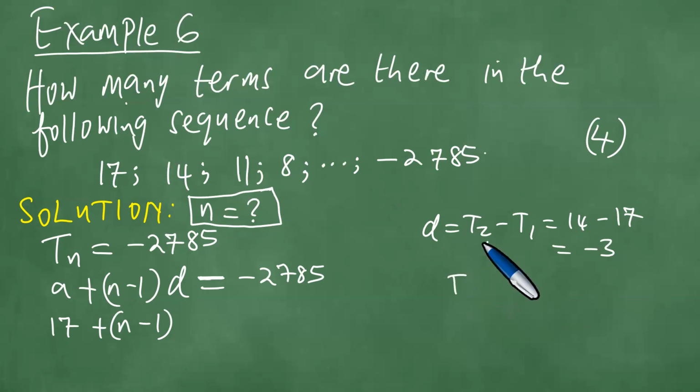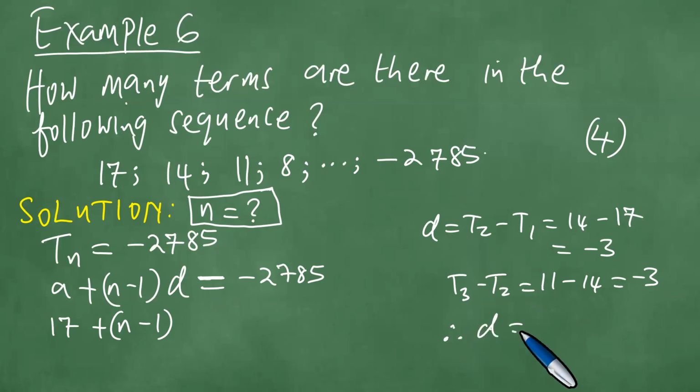But we must check, because you can't just say T2 minus T1. You must also do T3 minus T2 and the answer must be minus 3. What is T3? It's 11. What is T2? It's 14. What is 11 minus 14? It's minus 3. So indeed, because we are getting minus 3 twice, the conclusion is that the common difference is minus 3.